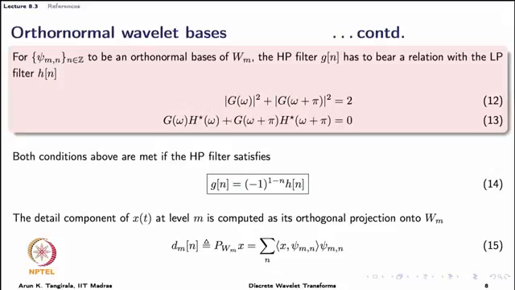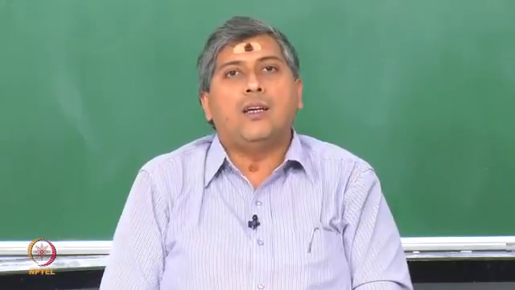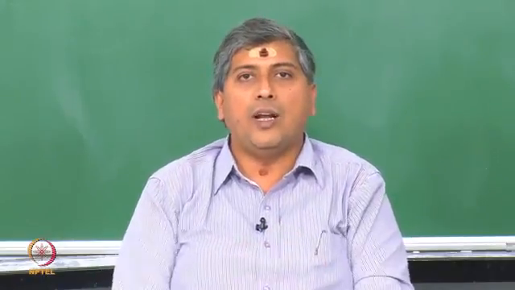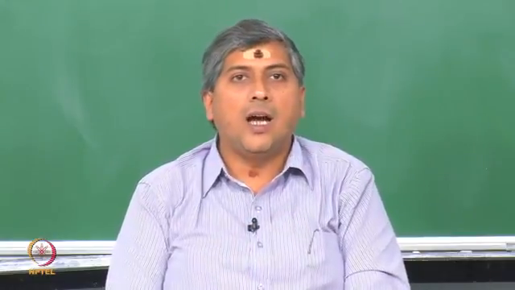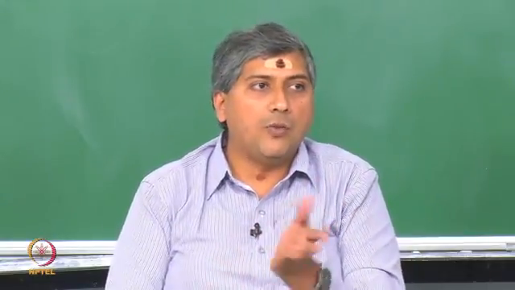Now, these conditions are in terms of the frequency response function of the high pass filter. It turns out that you can show both these conditions 12 and 13 are satisfied the moment the high pass filter shares this beautiful relation with the low pass filter. It is like a reflection with the sign reversed. That is well known in the standard filtering theory literature. If I want to construct a high pass filter, I take a low pass filter and I can reflect it.